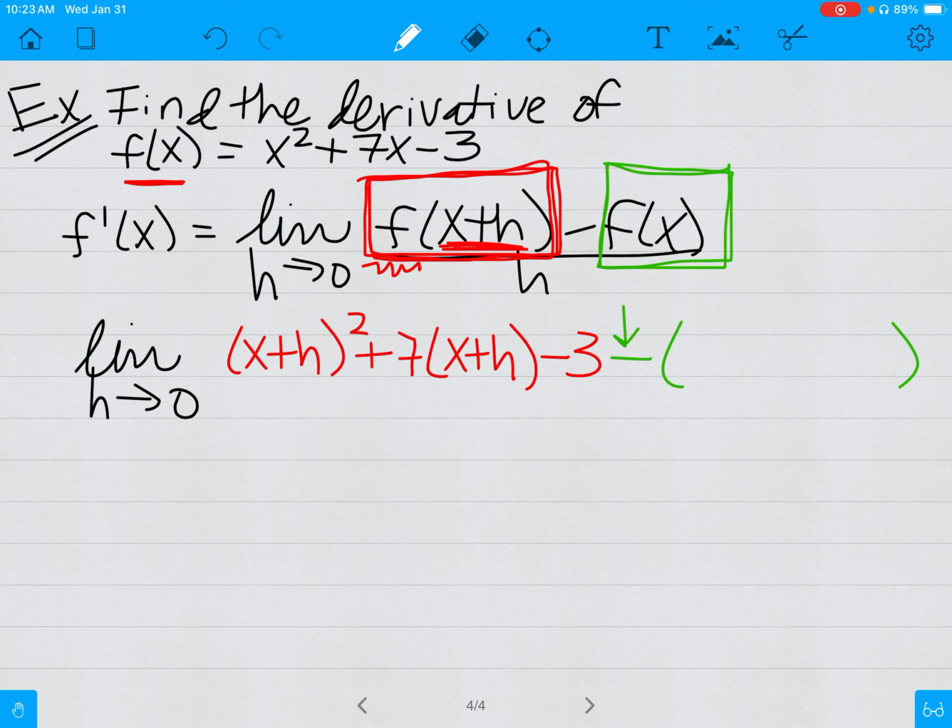because we're actually going to need to distribute that minus sign through the multiple terms of f of x. And if you don't put the parentheses there, most people don't remember to do that distribution. So when you go to subtract the f of x function, put parentheses around the entire f of x function. And so inside that parentheses, we're putting the original function, x squared plus 7x minus 3.